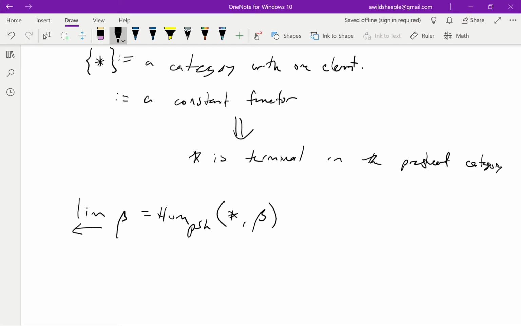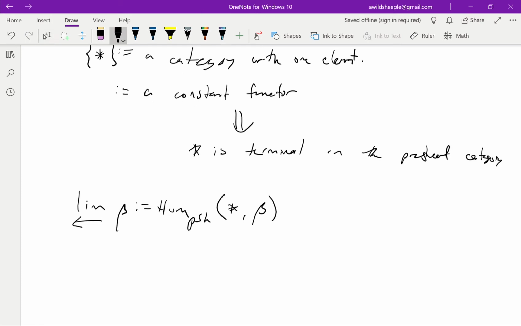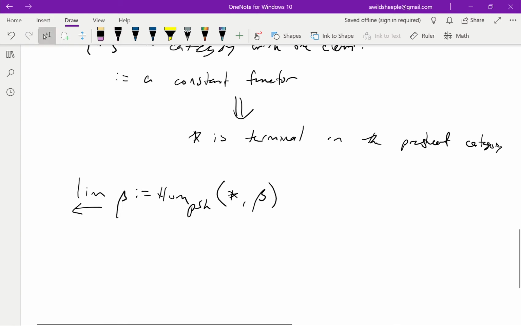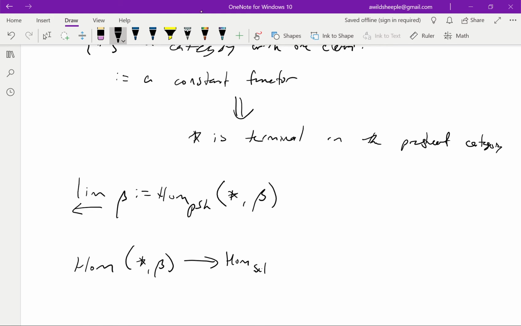That might be a bit much. So let's unpack this by looking at what we get when we have evaluations. So I can consider hom star beta, and I can get a map in hom set. Sorry, let me write that this way. Maybe I should index this and say this is hom in pre-sheaves.